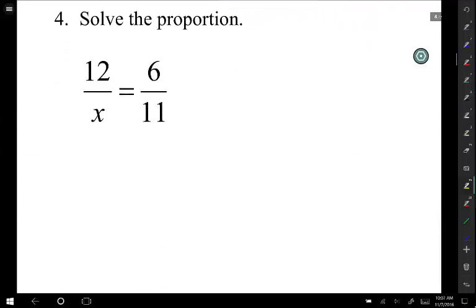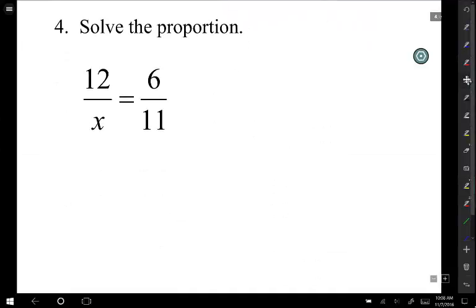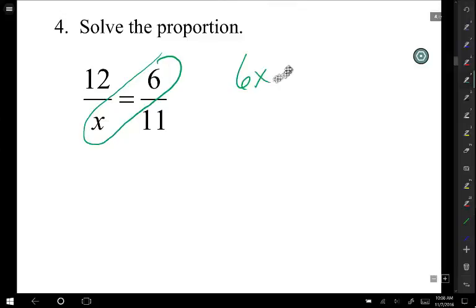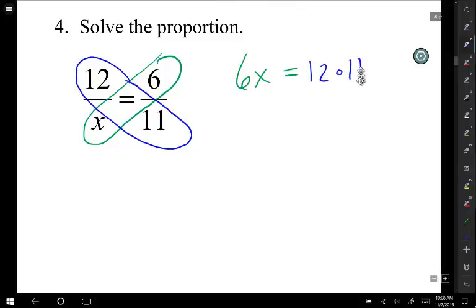Okay. Solve this proportion. 6x equals, oh, you remember your 12 times 11 trick in your head? Do you know what it is? 132.